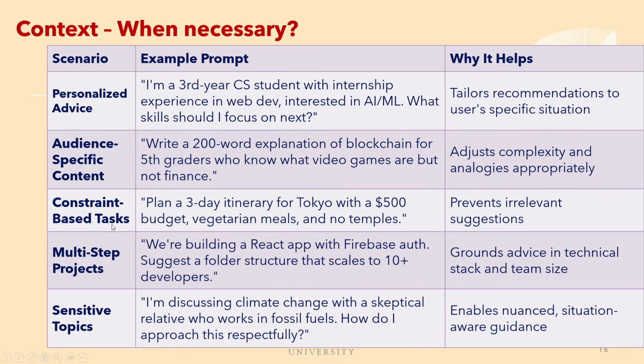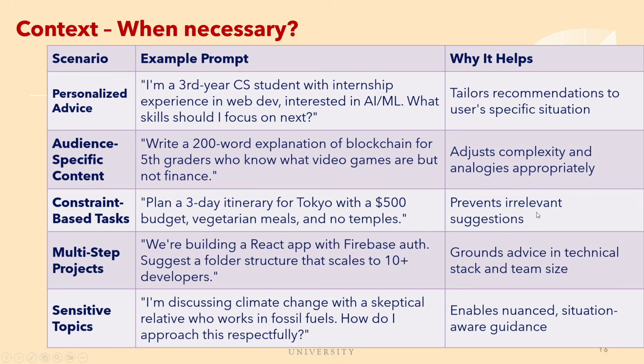Okay. The third would be a constraint based task. Plan a 3-day itinerary for Tokyo with a $500 budget, vegetarian meals and no temples. In this case, it has a background, it has relevant data, and more than that, it has constraints where it specifies no temples and a $500 budget. It prevents unnecessary suggestions.